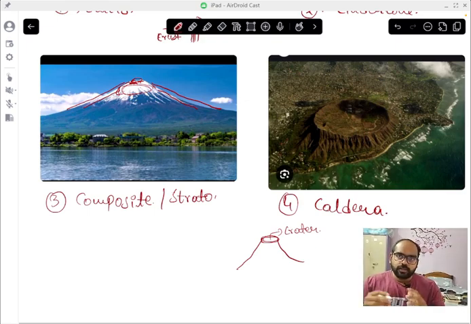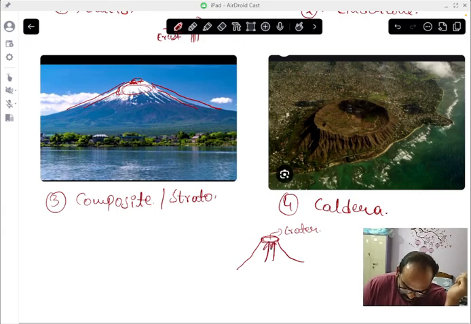Due to that high explosiveness, it hits very aggressively, so that this part gets broken.